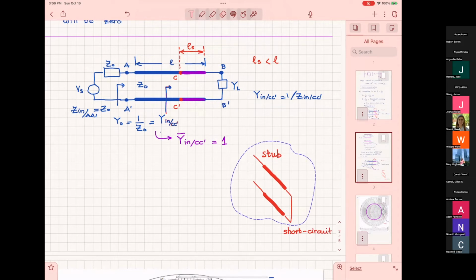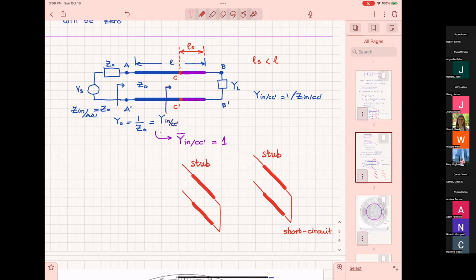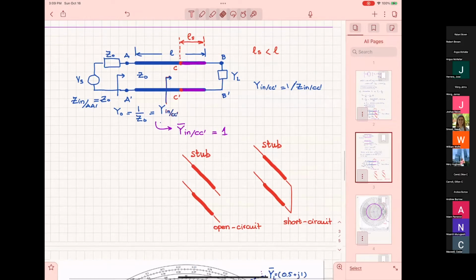Another possibility for the stub is to be open. But what kind of input impedances do a short-circuited and an open-circuited stub give?